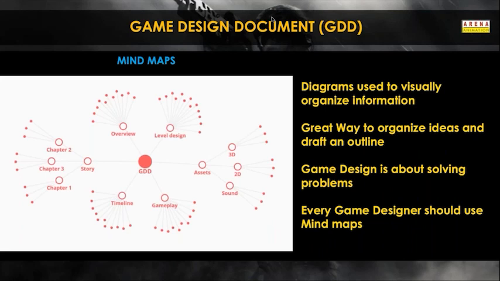Game design is all about solving problems, and every game designer should try to use them whenever they feel that simple writing or brainstorming is not helping to visualize their ideas and thoughts on paper. So that is why you use a mind map.